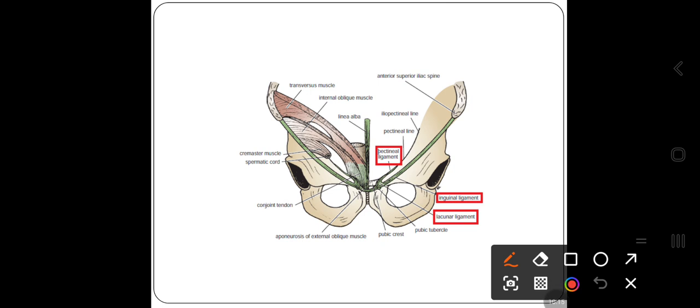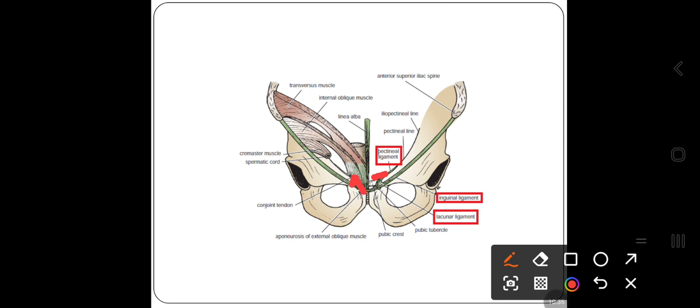So, these are fibers of the external oblique muscle which run backward to the superior pubic ramus to form what? To form lacunar ligaments.